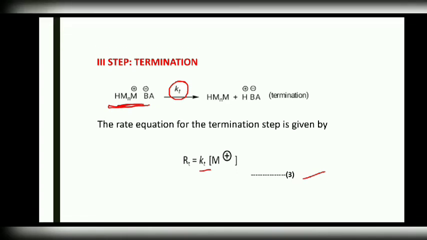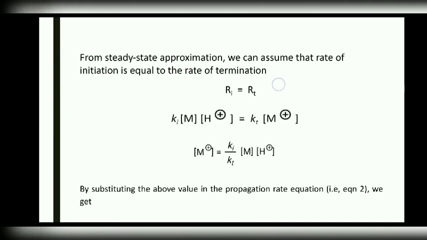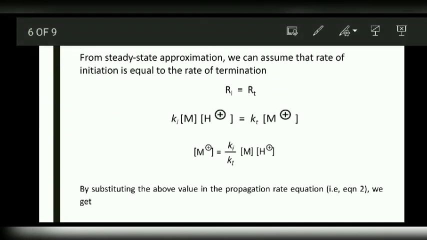Then we have got 3 equations, isn't it? So in order to get the final equation, we need to club these equations. How to do it? It is by considering the steady state approximation. According to this steady state approximation, we can assume that the rate of initiation will be equal to the rate of termination. Fine.